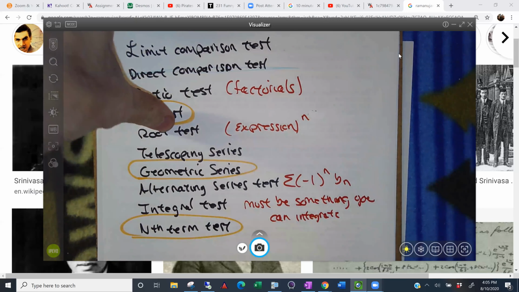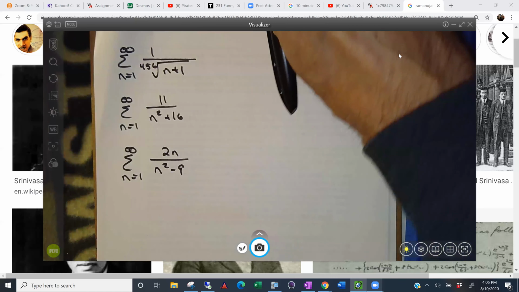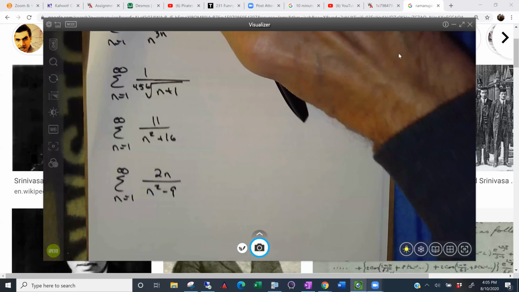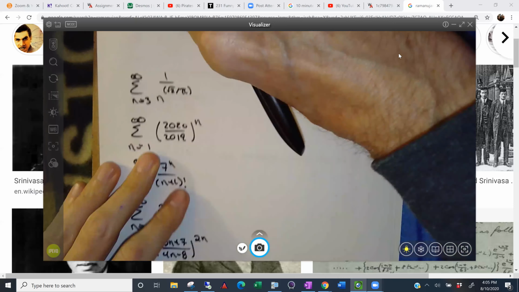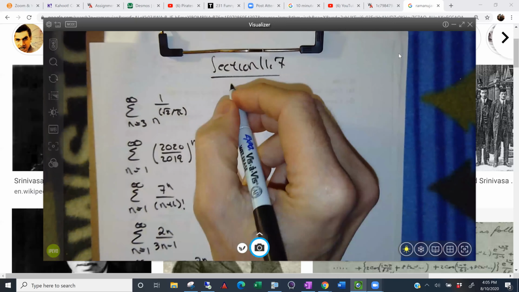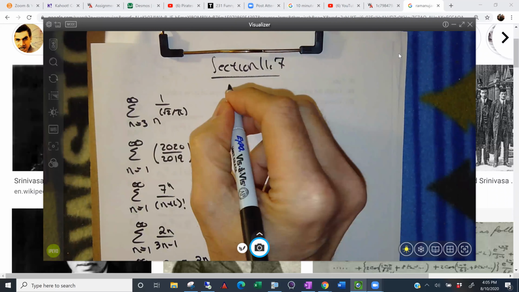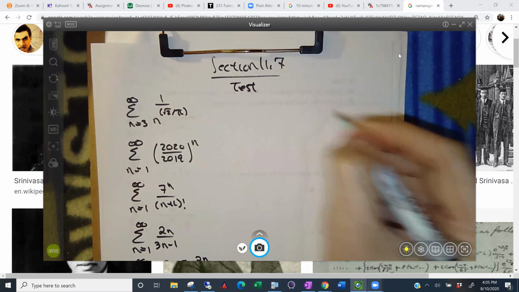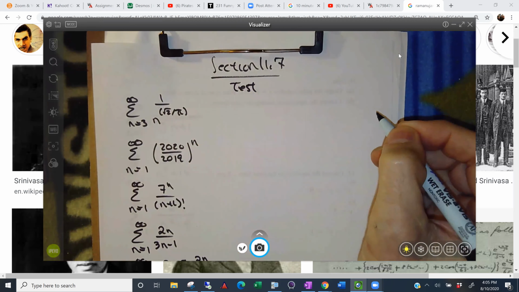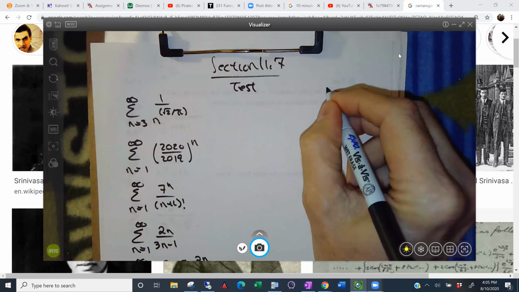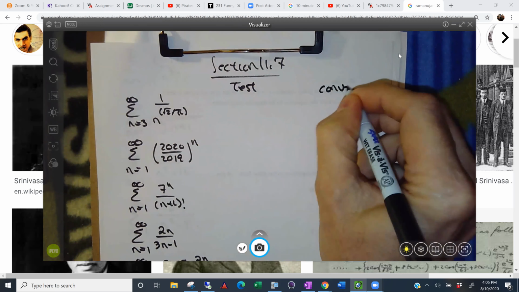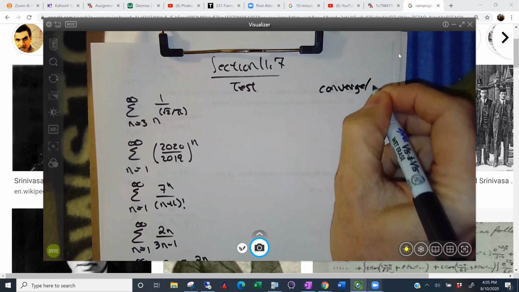Let's apply these. Let's get going. What I've done in the past is the 2-minute drill. I asked you for two things. I asked you to give me a method or a test on how you could prove convergence or divergence, and then a guess, converge or diverge.